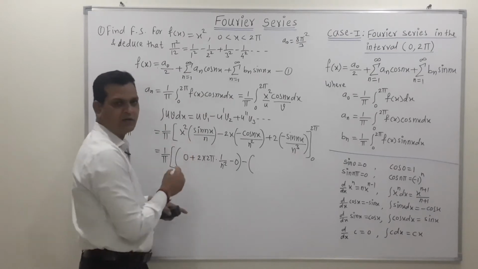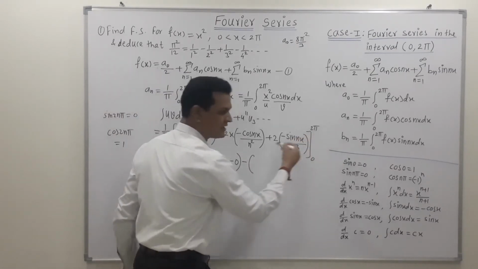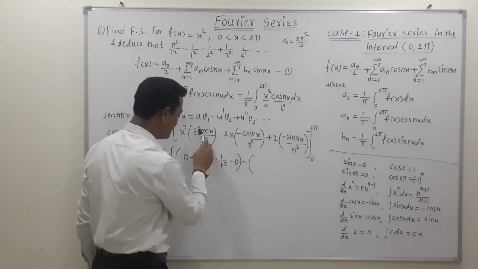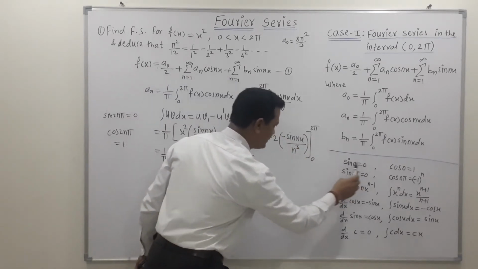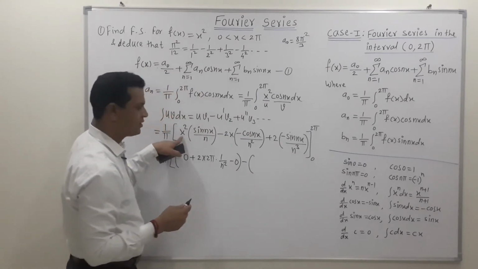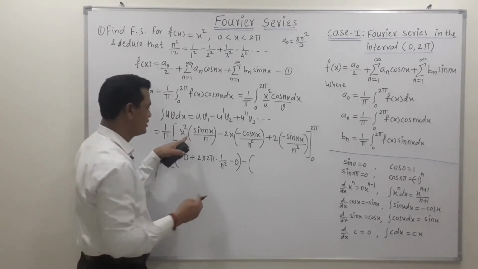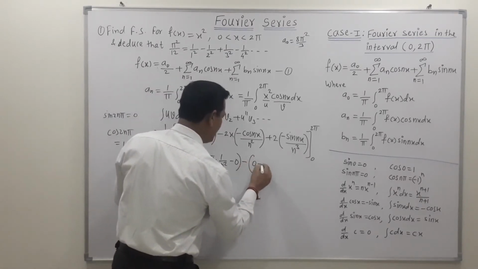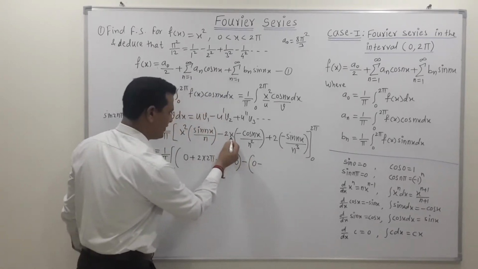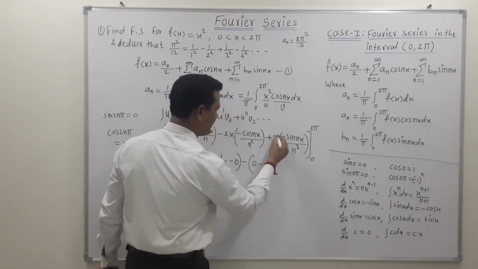So concentrate on x. In simple words, when we put the value of the upper limit for the sine and cos terms, concentrate on the sine and cos terms and use this result. But when we put the lower limit as 0, then concentrate on x. If x is 0, then 0 into something is 0, so this whole term becomes 0. So this is minus. If x is equal to 0, then this whole term becomes 0, minus sine of 0.